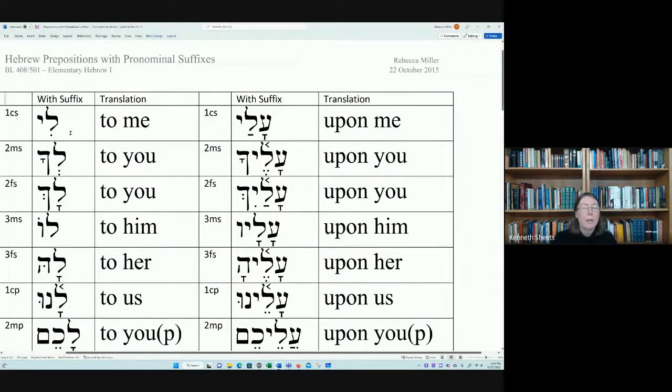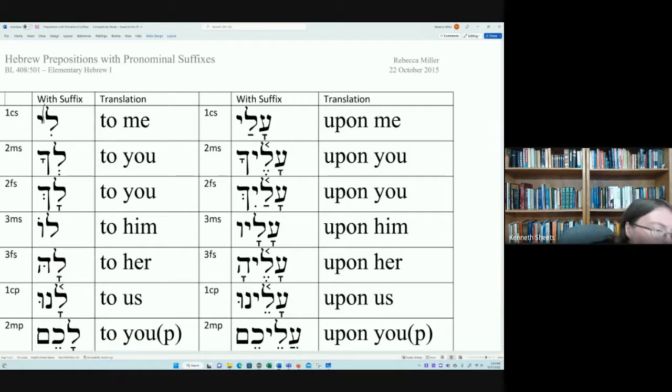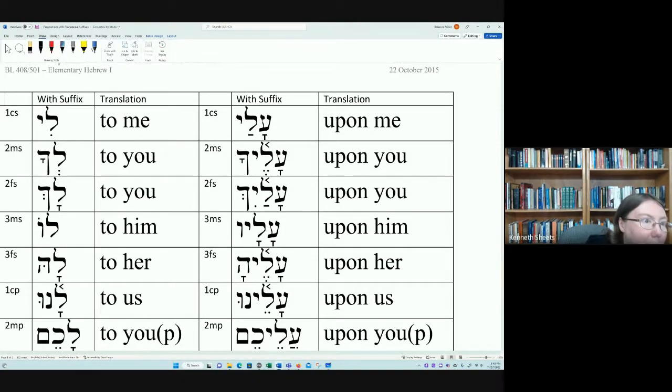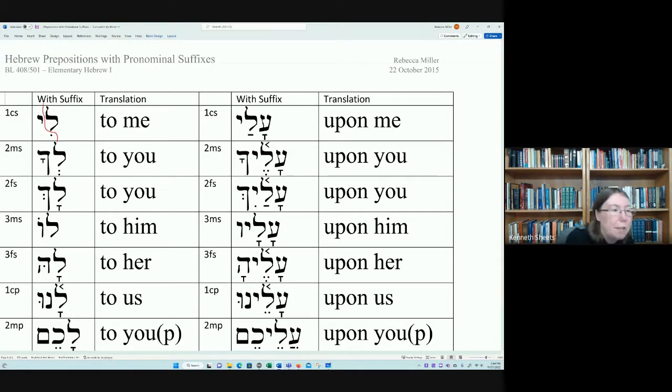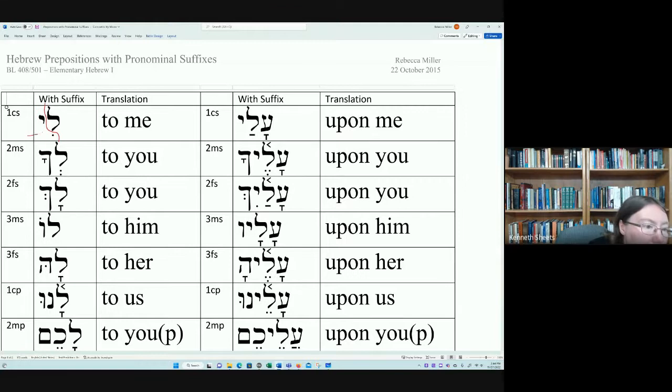So notice again, the Lameth and the Baith preposition, they are basically just going to take the pronominal suffixes as they occur on a singular noun. So thus you would have li. So you can see the Lameth preposition there with the first common singular pronominal suffix.